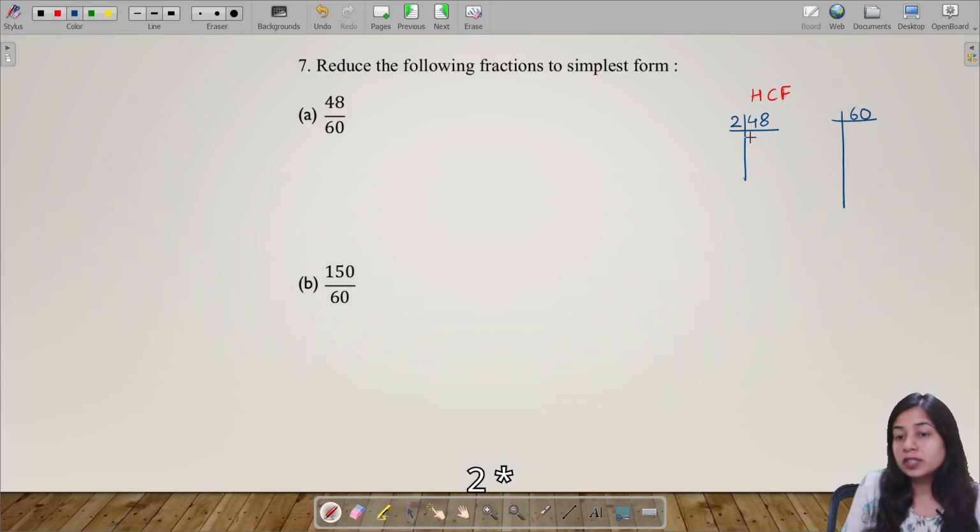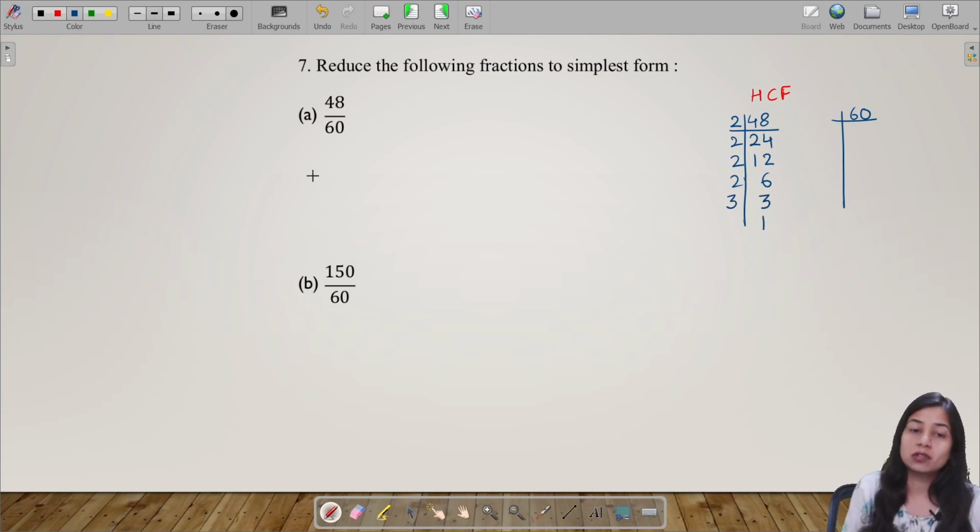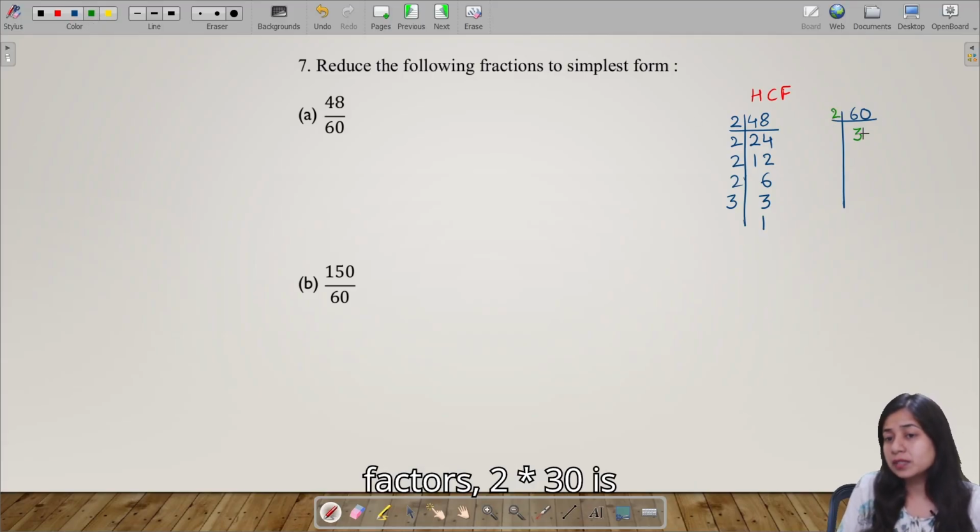So 2 times 24 is 48, 2 times 12 is 24, 2 times 6 is 12, 2 times 3 is 6, 3 times 1 is 3. Now the prime factors of 60: 2 times 30 is 60, 2 times 15 is 30, then 3 times 5 is 15, 5 times 1 is 5.